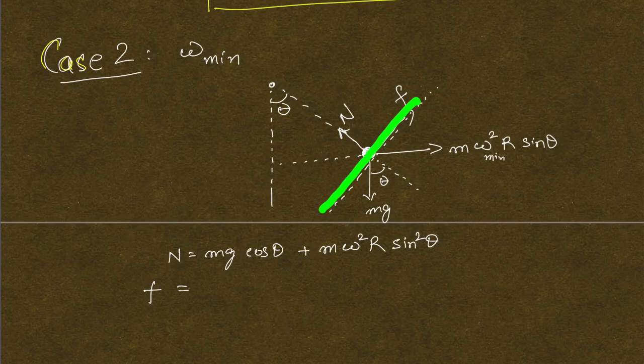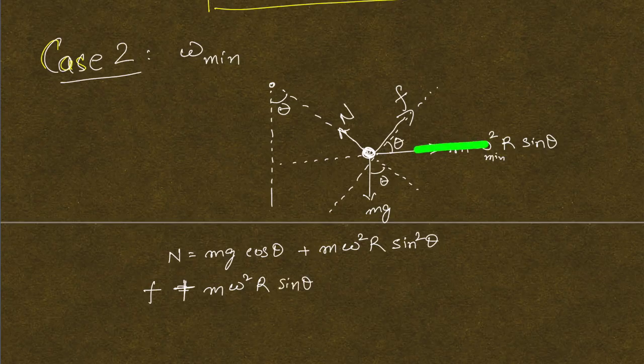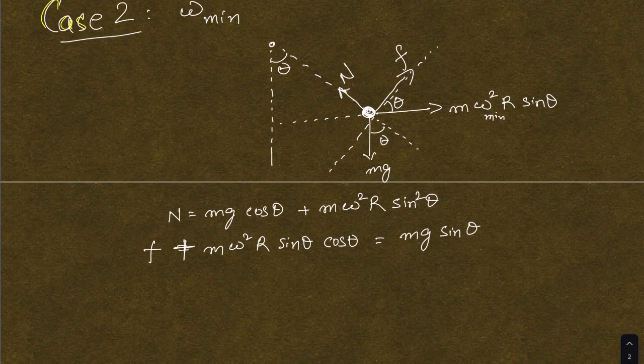Now we do equilibrium in this direction, then we get F plus m omega square r sine theta, and this angle is theta. So the component of this in that direction is m omega square r sine theta times cos theta, equals, and then the component of the weight on the opposite side is mg sine theta. And then the third thing we know is that F equals mu times n. Again, mu is a given quantity.